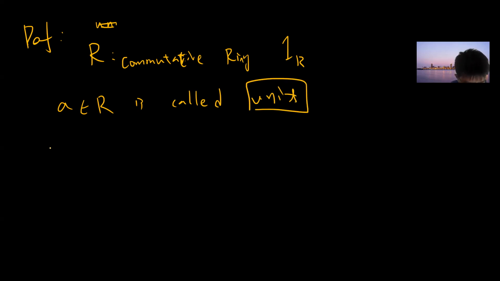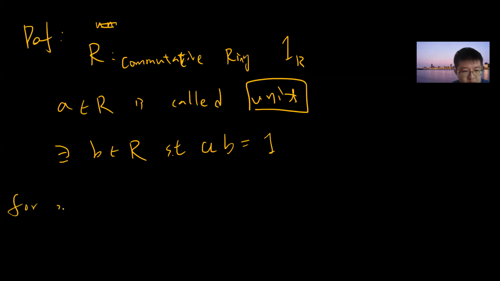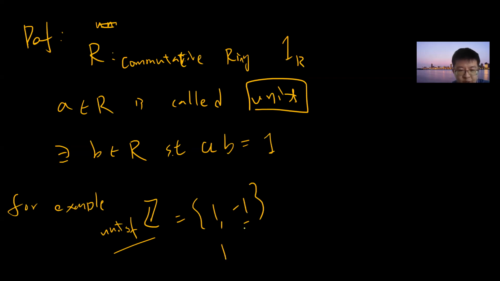A is called a unit if there is another element B in the ring such that AB is 1. For example, the units of Z are 1 and minus 1: for 1 you just times 1, and for minus 1 you just times minus 1. If there is another element in the ring such that their product is 1, this is called a unit.